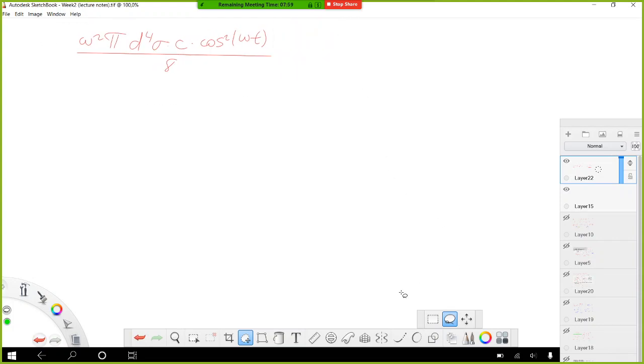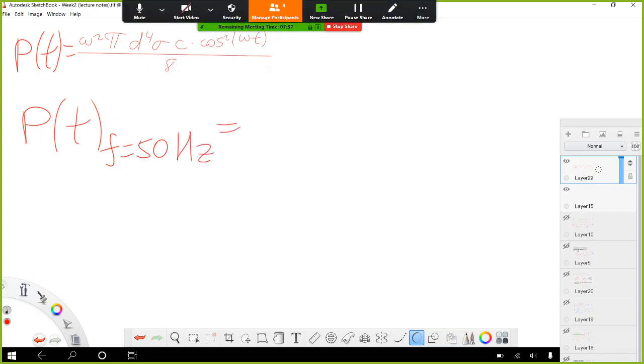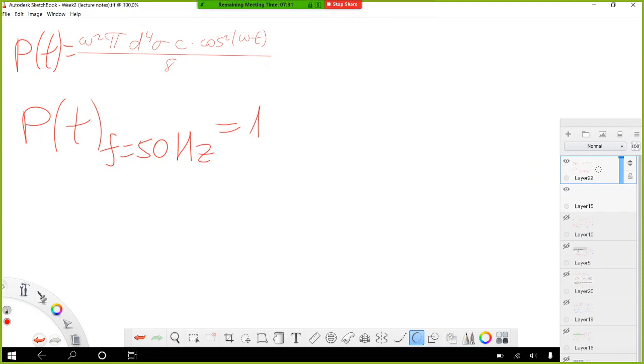Okay, so this is the expression for power, and we found that power P(t) for f equal to 50 hertz, we found the peak power times cosine squared omega t.